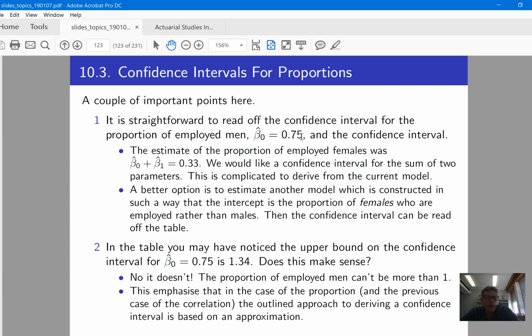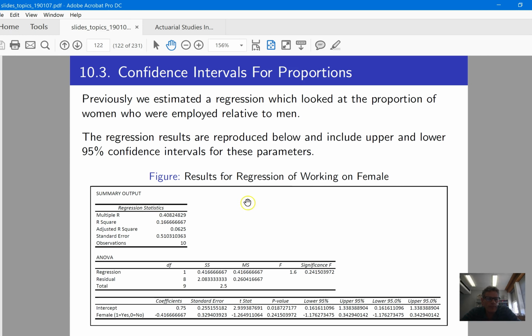If I want to estimate the percentage of females who are employed, then this coefficient here becomes relevant when this dummy variable is equal to 1. So if you've got a female, then the probability that they're going to be employed is equal to 0.75 minus 0.41666.